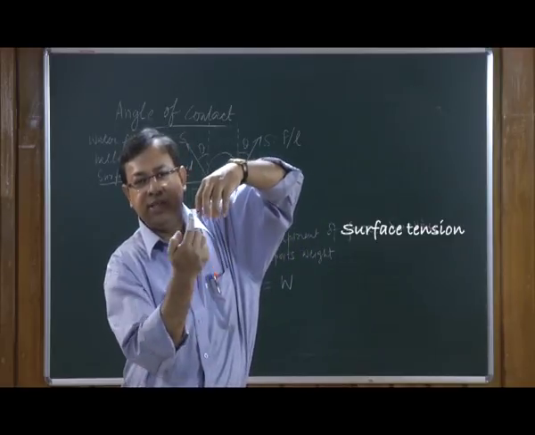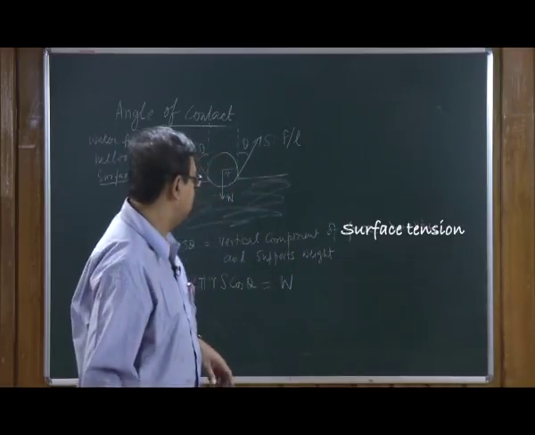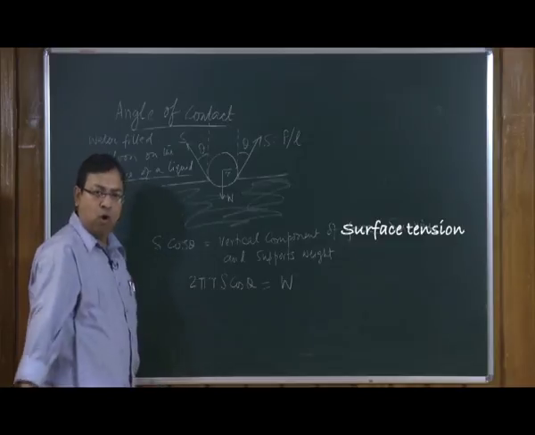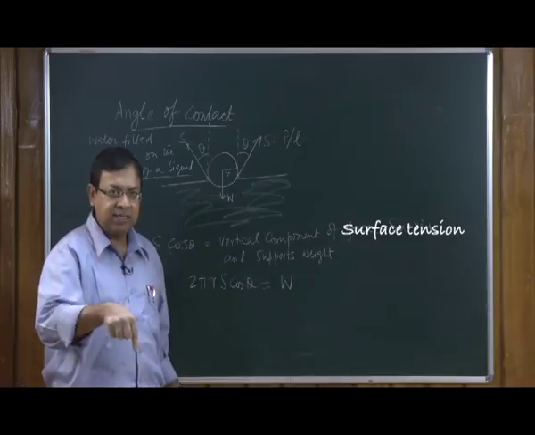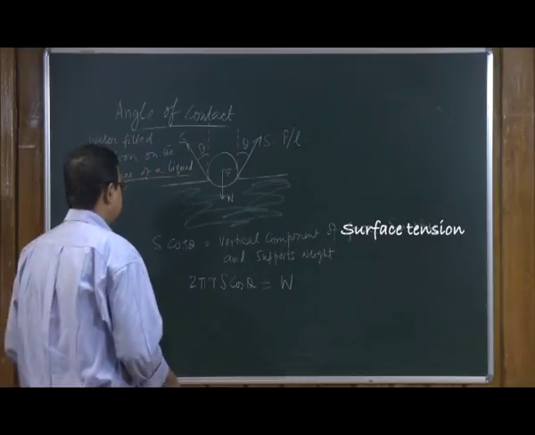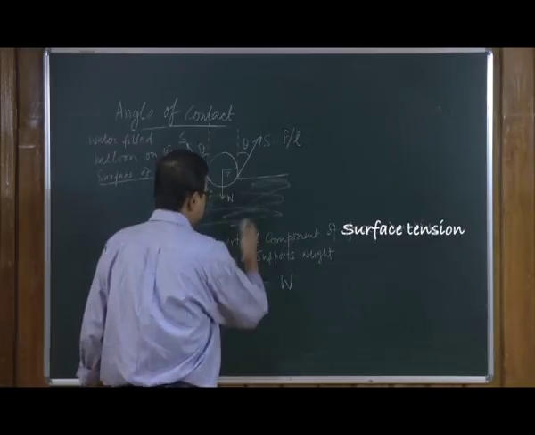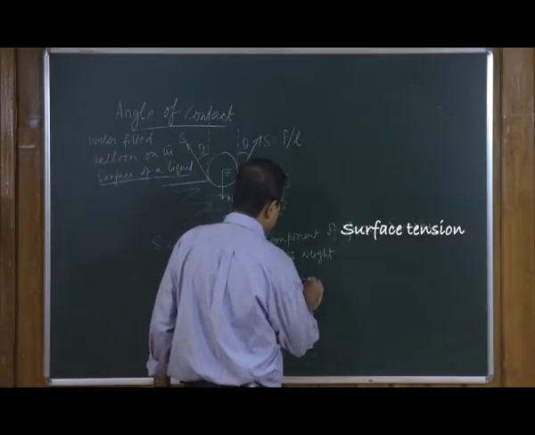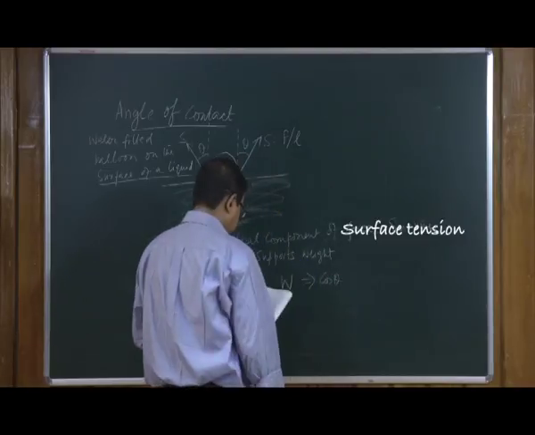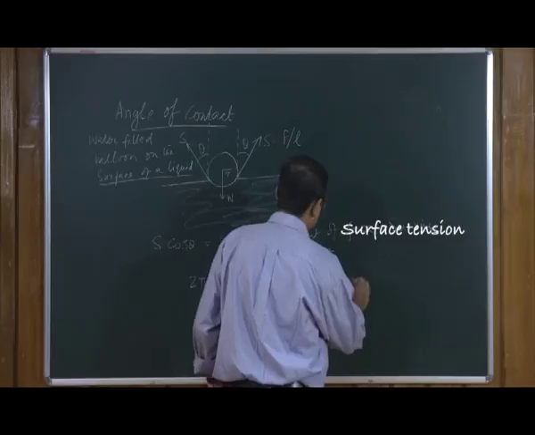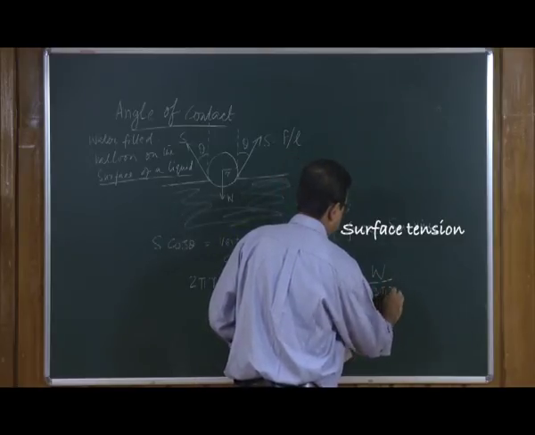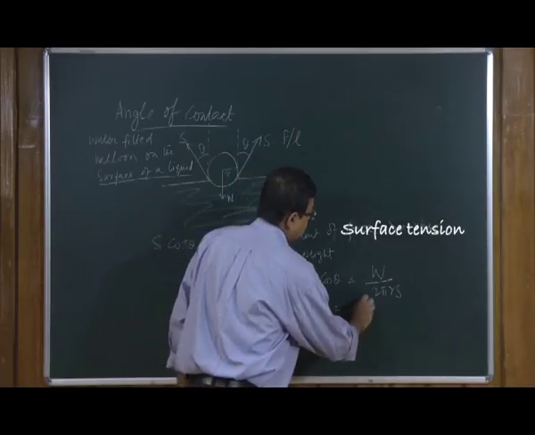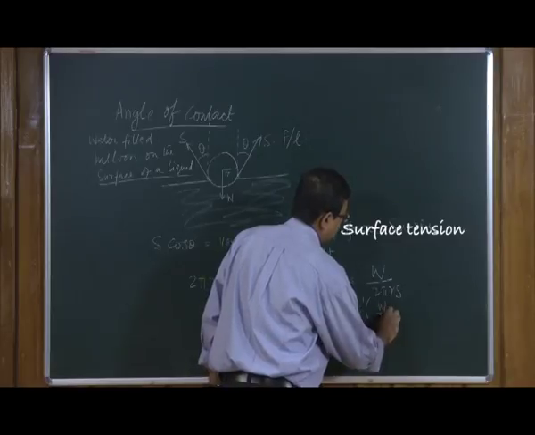So, at all points on this circle, this surface tension acts and will give rise to a total force upward, which balances the downward force due to gravity, the weight of the object, or the balloon in this case. So cos theta is equal to W over 2 pi r s, and we can calculate theta to be cos inverse W over 2 pi r s.